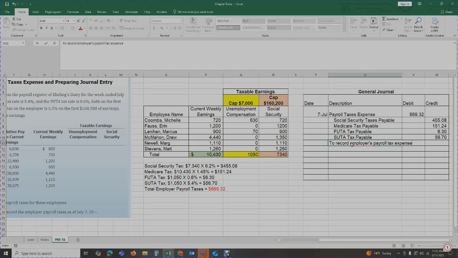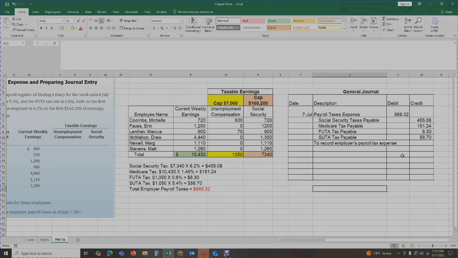Every time that you cut payroll, you also have to figure out how much in payroll taxes the employer has to pay, and we have to do the calculations and the journal entry to set the money aside for those payroll taxes. So that is requirement B.